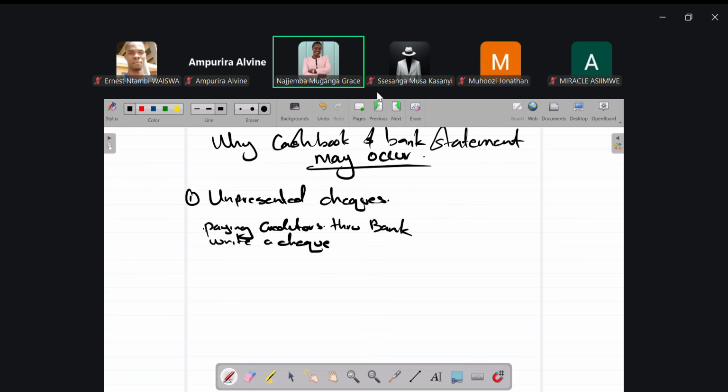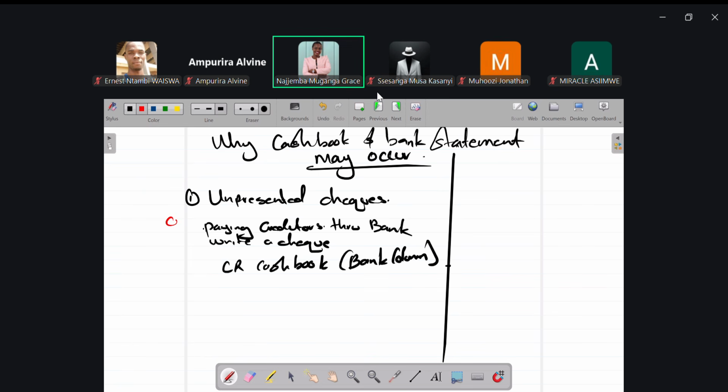The accountant will write a check, and therefore the business expects that they have made this payment, and so will credit the cash book. In the bank column, they have credited. This money has left the account. Are we together?